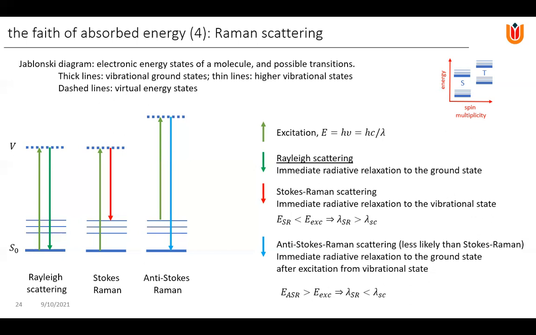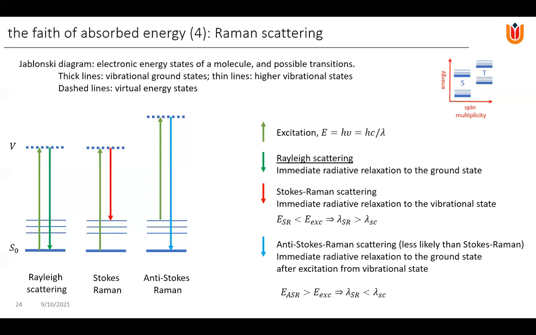Maybe a little bit to simplify it. Two important distinctions are to be made here. If you have Rayleigh scattering, then the energy level of the excitation light and the emitted light will be exactly the same, and it will fall back to the ground state.